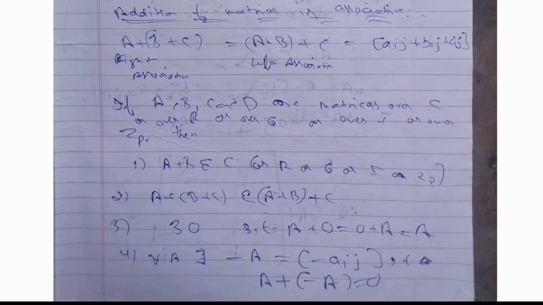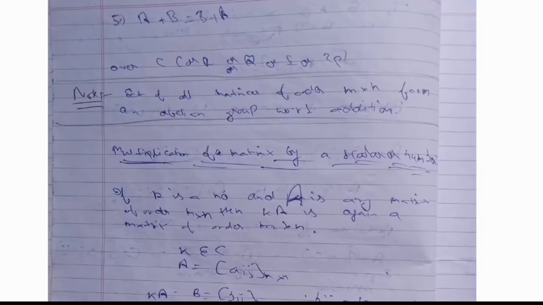If A, B, C, D are matrices over the complex, real, rational, integer or modulo P field, then their sum A plus B belongs to the complex, real, rational, integer or modulo P field, depending on where A and B are coming from. Okay, you can see all the other properties like this.